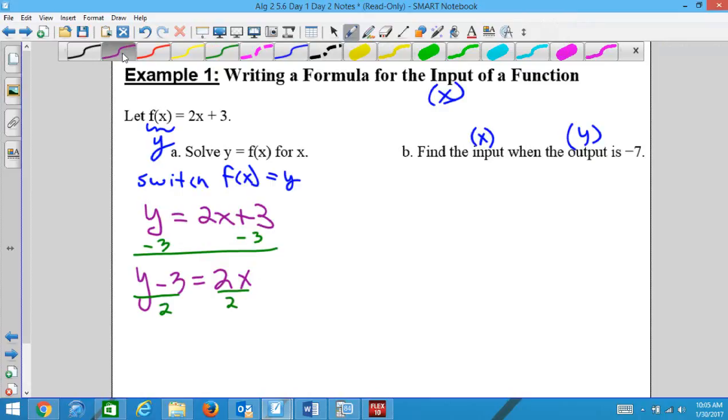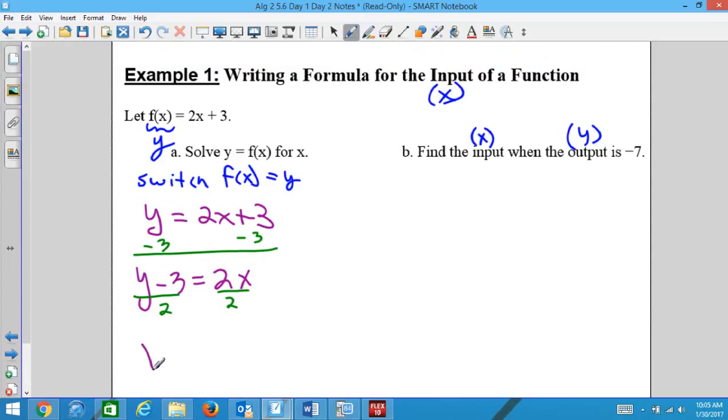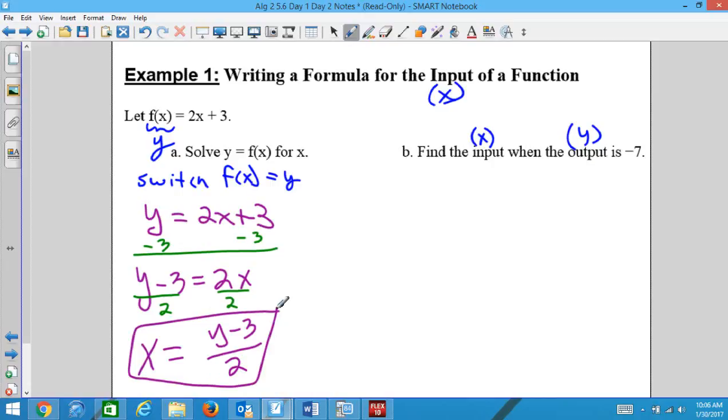When I'm asked to solve for x, I write my answer as x equals y minus 3 over 2. I'm not going to write y minus 3 over 2 first. I'm going to write what I was asked to solve for first. Question?